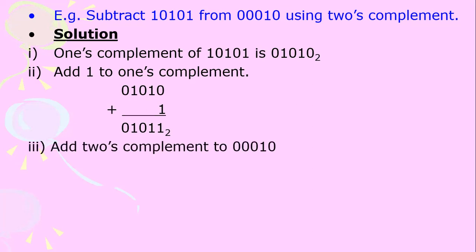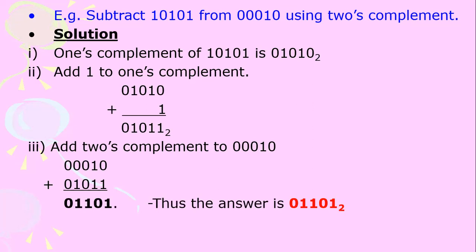The third step is we add the 2's complement to 0, 0, 0, 1, 0. Therefore, we add 0, 1, 0, 1, 1 to 0, 0, 0, 1, 0. 0 plus 1 gives us 1. We write down 1. 1 plus 1 is 0, carry 1.